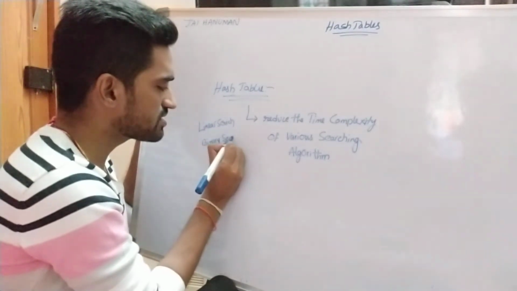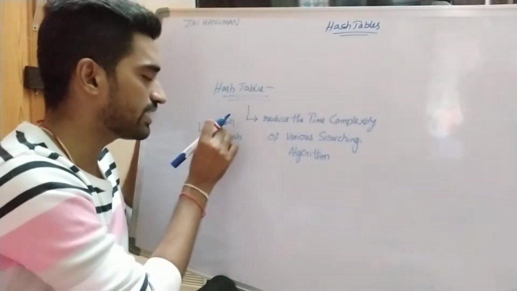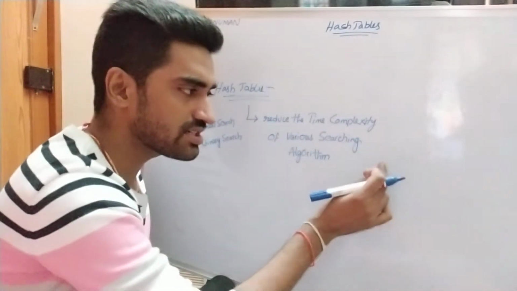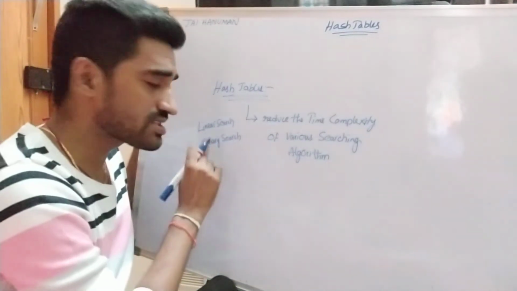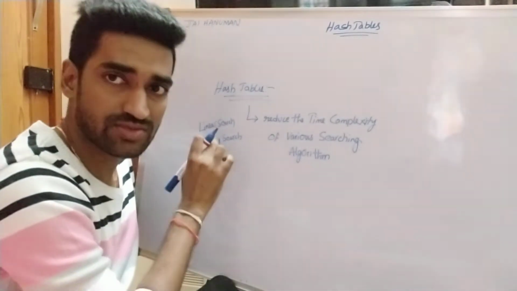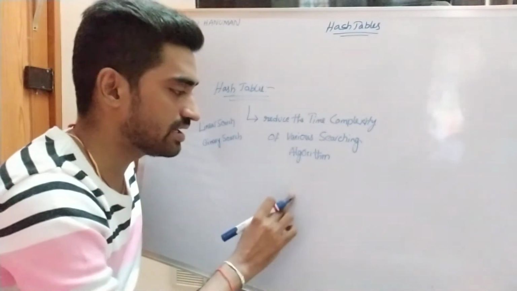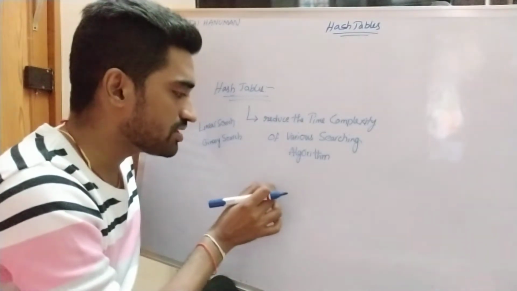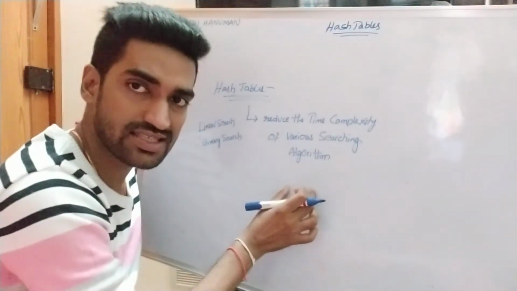So what is the general procedure for linear search? Suppose you want to find any element in linear search, we search each and every element in the list. That is a time-taking process. What is the general process for the binary search mechanism? To search an element in binary search, first of all we calculate the mid value, right? After calculating the mid value, lesser elements are considered the left subarray, greater elements the right subarray.